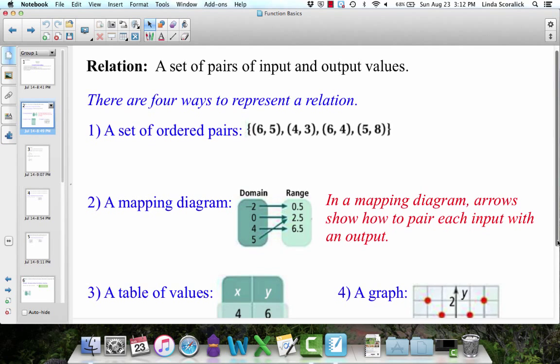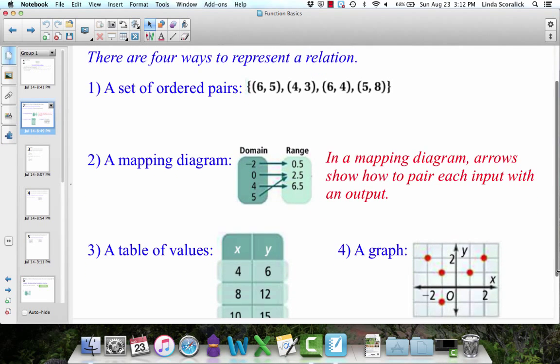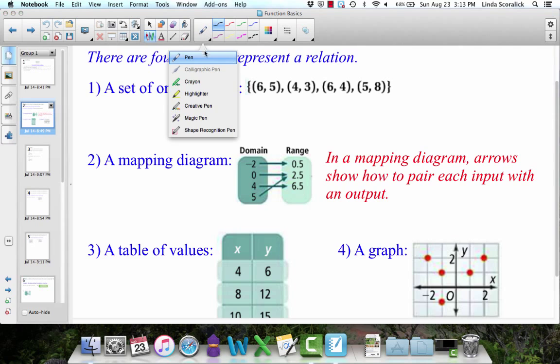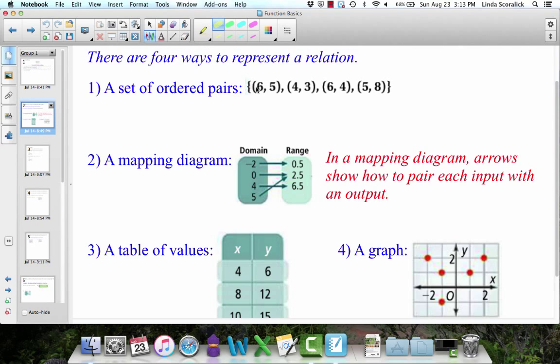We can use a set of ordered pairs. A couple of things to point out here. You can see ordered pairs here. So (6, 5), (4, 3), (6, 4), and (5, 8). Those ordered pairs are in parentheses. If you recall from your Algebra 1 course, an ordered pair is always written in parentheses.